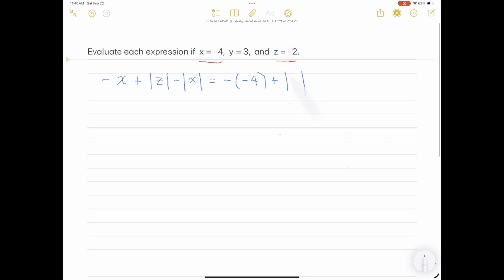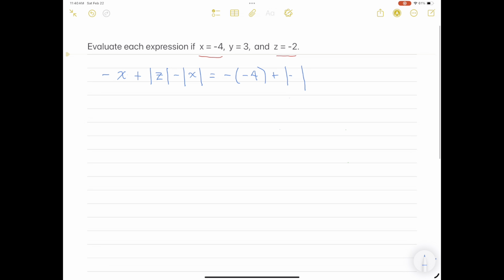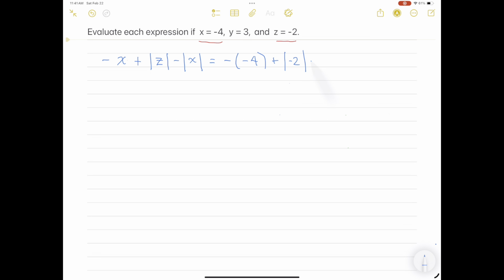Rewrite the equation, starting with the negative sign, and in place of x, I substitute -4. Next, I have an addition sign and the absolute value of z, and z is -2, so I write that in for z, minus the absolute value of x, which is -4. Make sure you copy down all the operation signs as well as the negative signs.